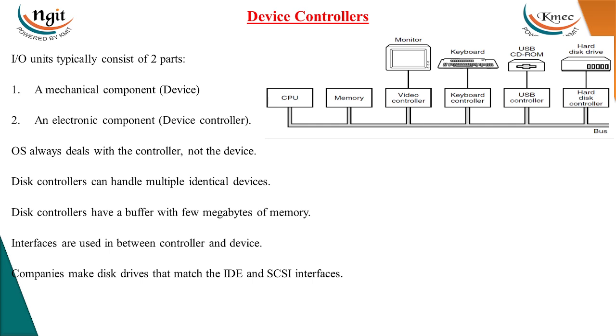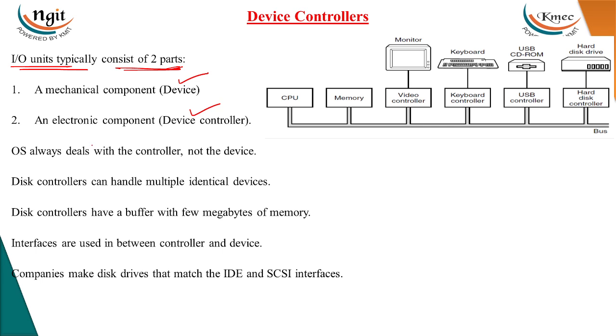Now look at device controllers. Every device connected to your computer has two parts. IO units typically consist of two parts: first, a device, and second, a device controller.